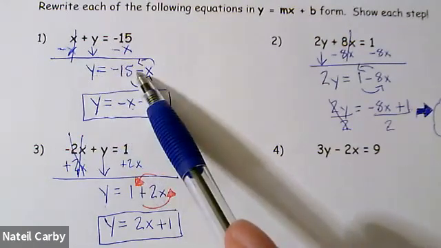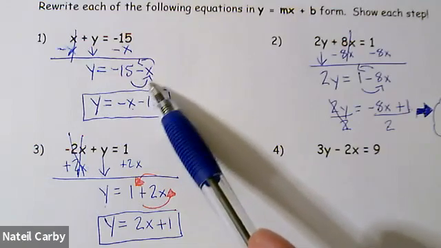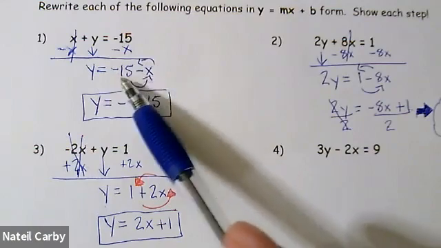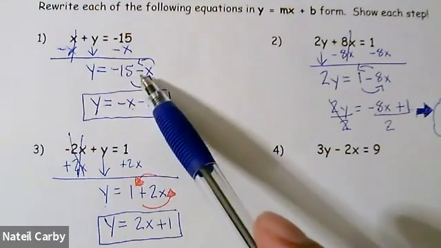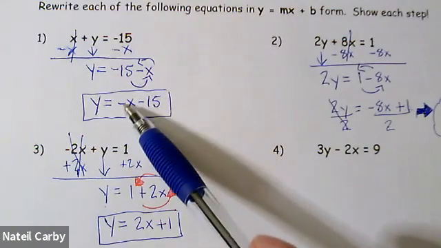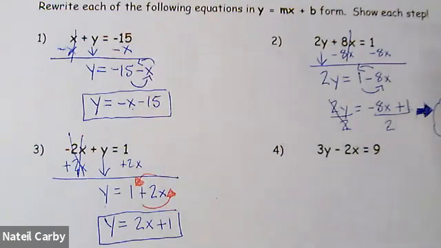We got to isolate the y by itself, okay? Remember, when you're manipulating stuff, you want to put your slope in front of the y-intercept, okay? And make sure you keep the sign that's attached to your x. Keep it when you're doing your rotating around, okay?